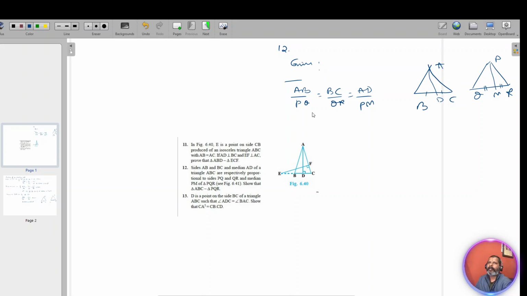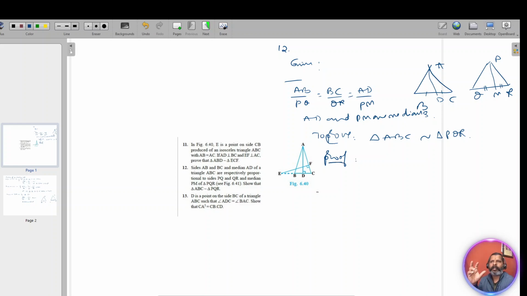And AD, PM are medians. When they're medians, the side they land on is divided into equal parts. To prove, we write triangle ABC similar to triangle PQR. Proof.